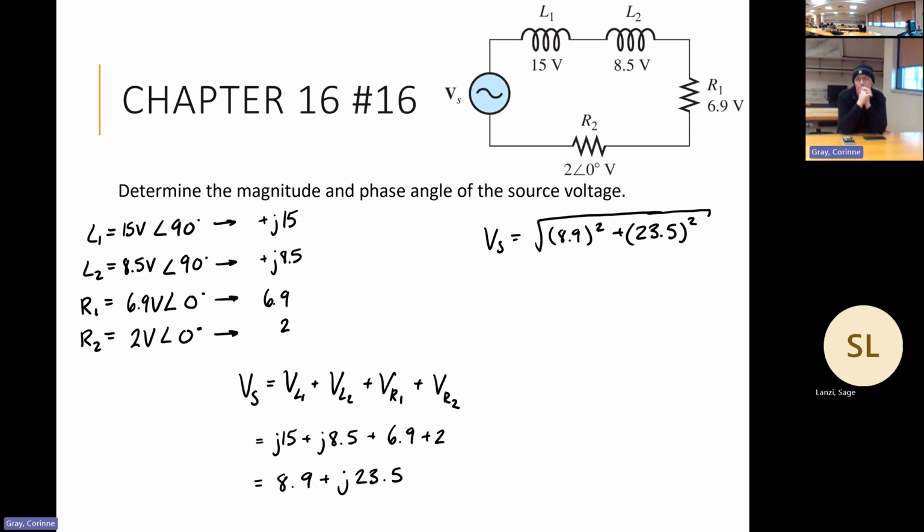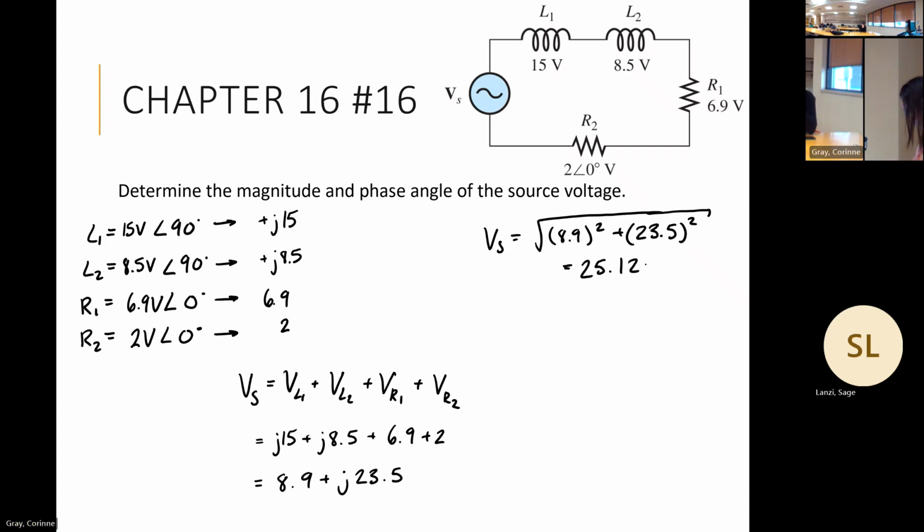So we'll have this here. When I plugged this in, I got 25.129 volts for my magnitude. Inverse tangent of 23.5 over 8.9 got me 69.257 degrees. I should round these and make it nice.